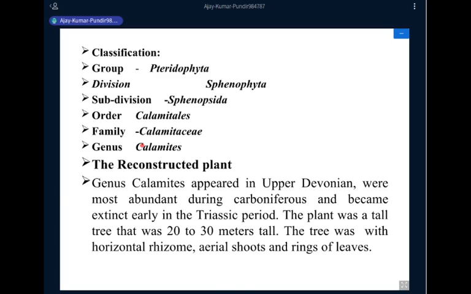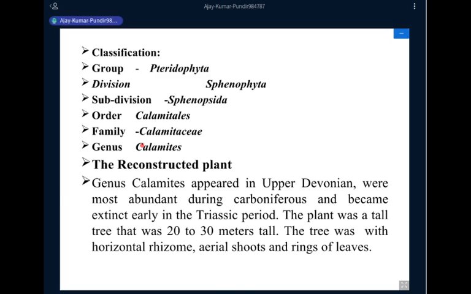As you know very well, the plants which occur in fossil form are not completely found. Many paleobotanists work on fossil plants, and they find that these plants occur in fragments.